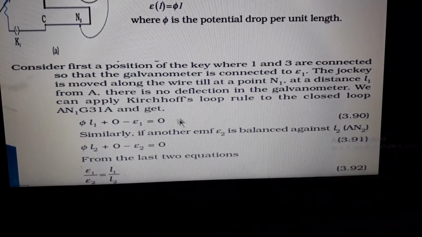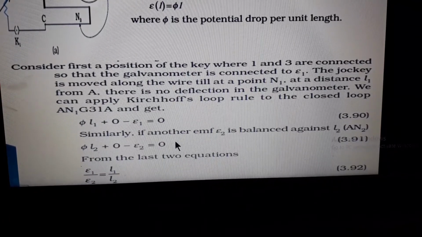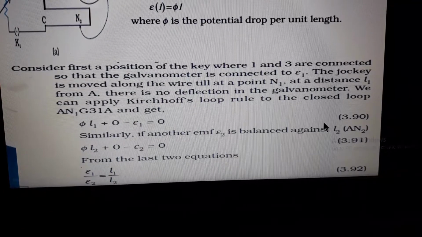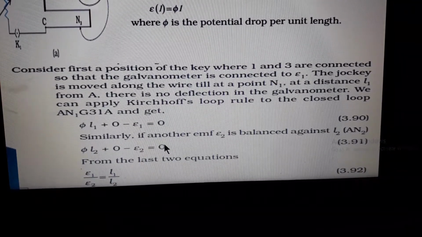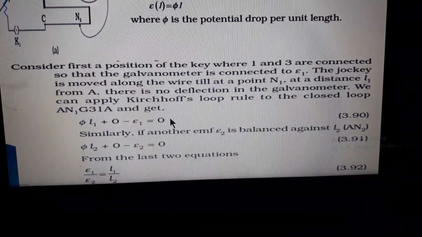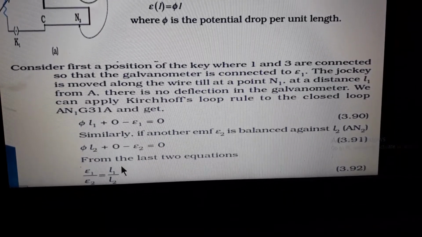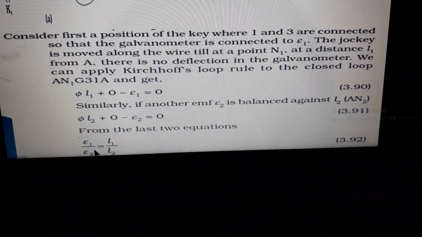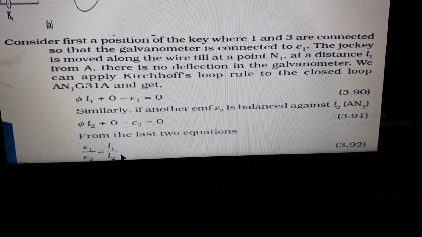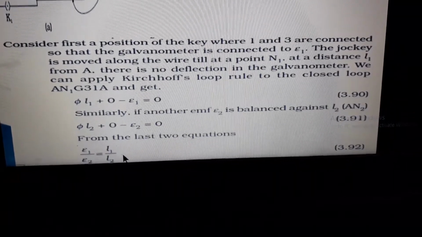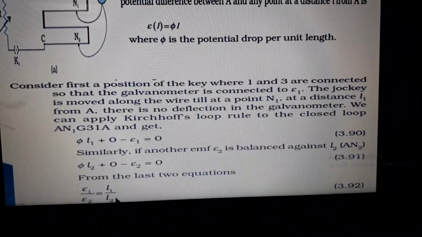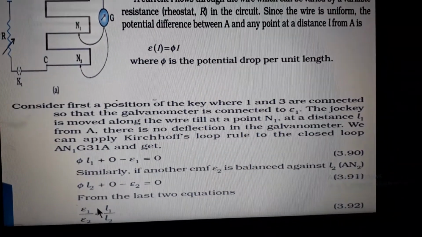So from equation 3.90 and equation 3.91, when we divide equation 3.90 by 3.91, you will get E1 by E2 is equal to L1 by L2. That means by this equation you can easily compare the two cells.